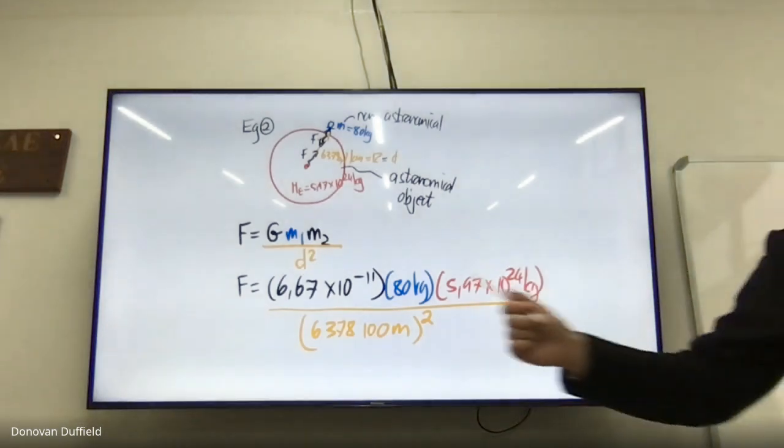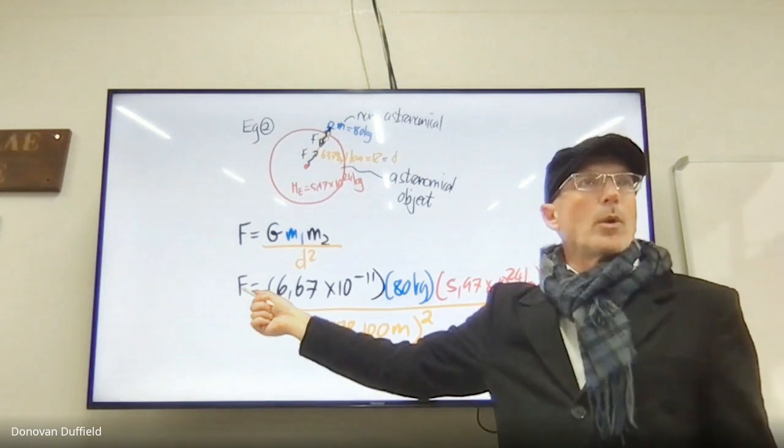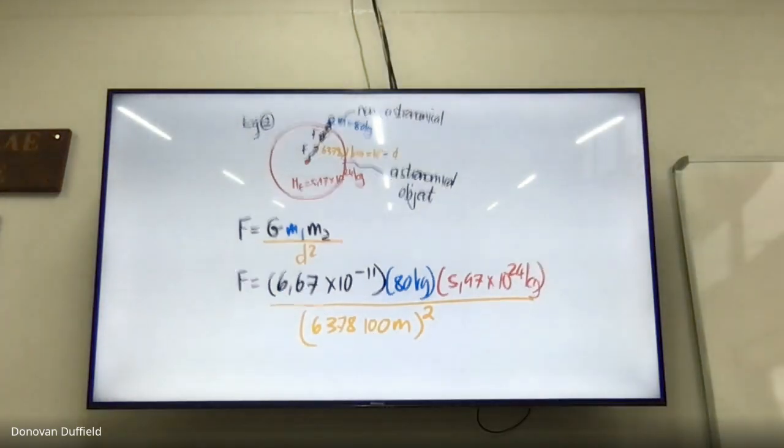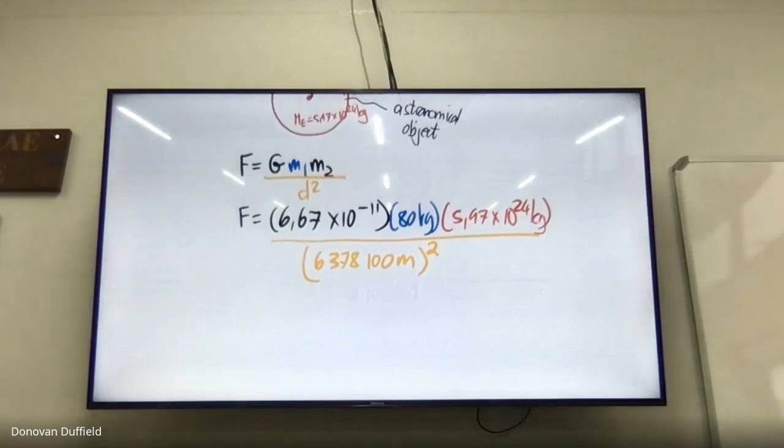By the way, this is the weight. I'm going to prove to you this is the weight. So if we now work this out, we go 6,67 times 10 to the negative 11 times Mr. D is 80 times 5,97 times 10 to the 24 divided by 6,378,100 squared.